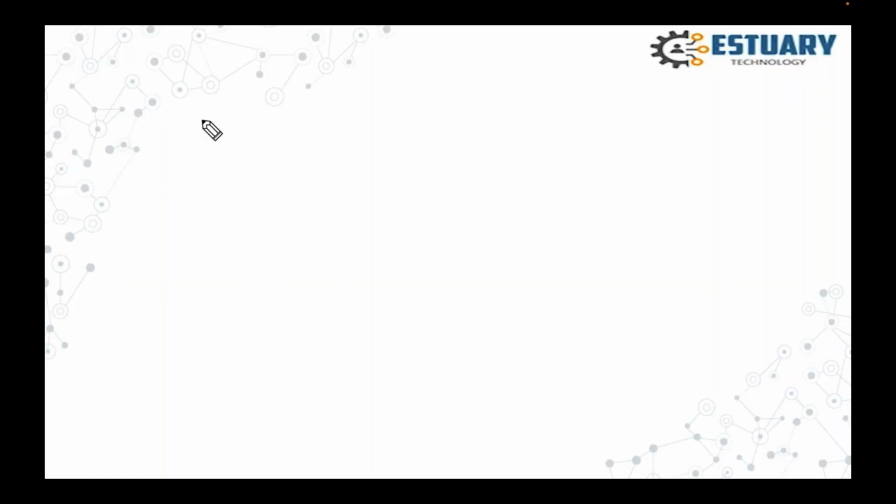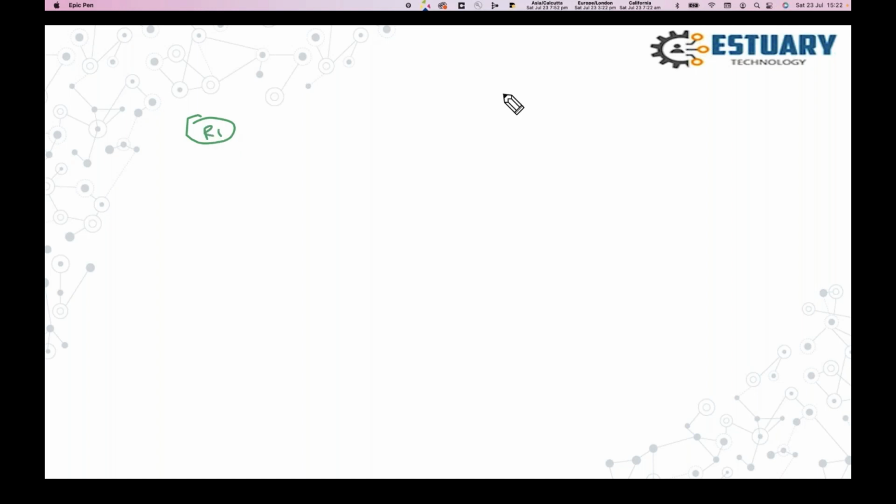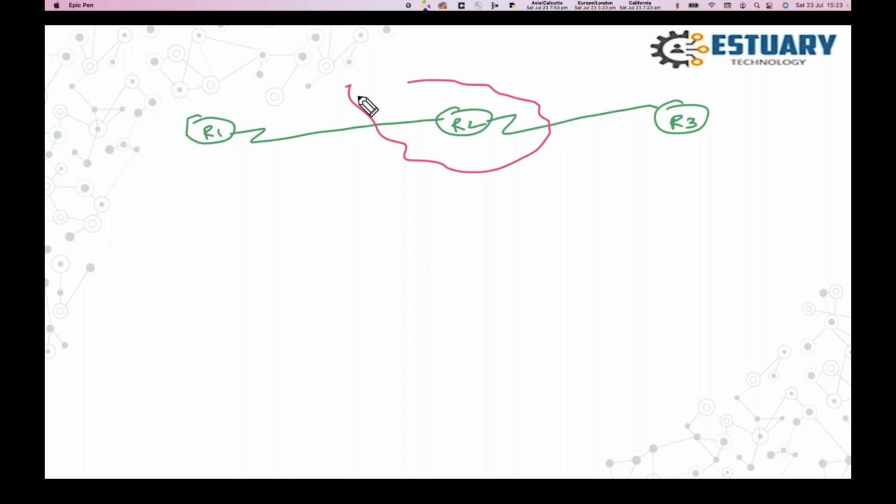So for example, let's say this is R1, this is R2, and this is R3, and these are connected via WAN links. This middle router is my internet router, so basically this is my internet.